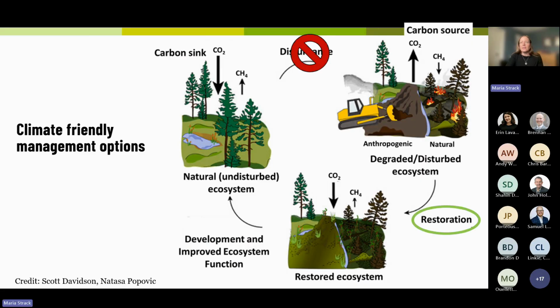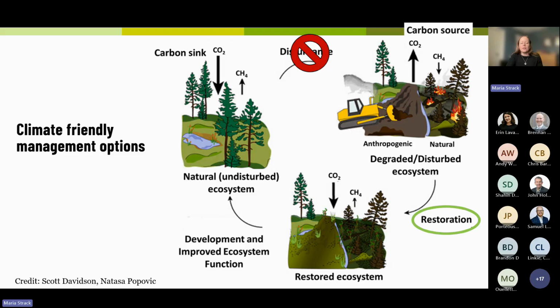So how do we then manage these systems for nature-based solutions, or we could also just say climate-friendly management options? Well, we know that in a natural state, they're a net sink for carbon and tend to have that cooling effect, but disturbance exposes that stored carbon to decomposition. It might make them more prone to things like wildfire.